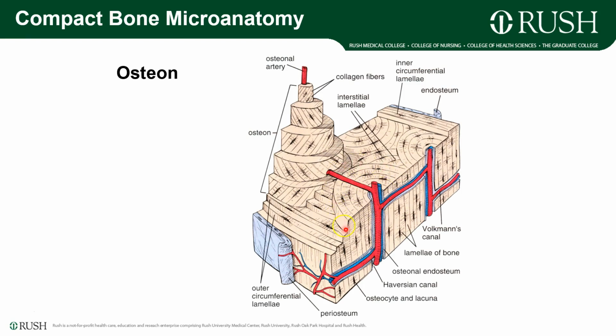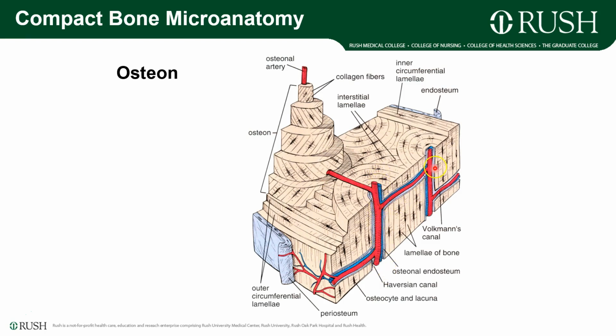This concentric appearance is what is giving it layering effect, and that's why we refer to it as the lamellar bone, the lamellae of bone, layer of bone. And the center of that osteon is given a special name, and it's known as the resorption canal, listed here. So resorption canals are running in parallel direction to the cortical bone.